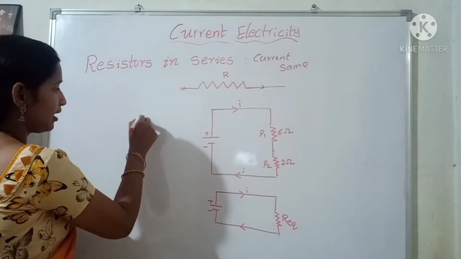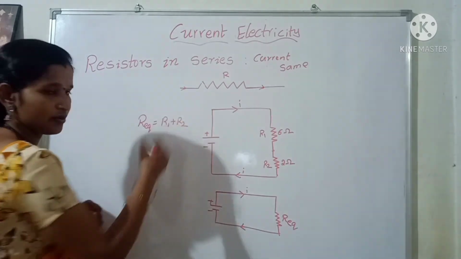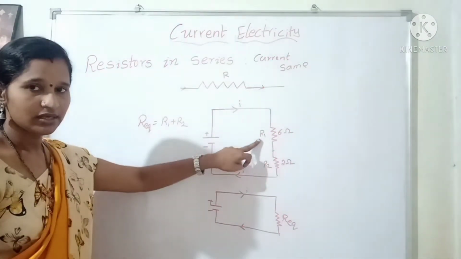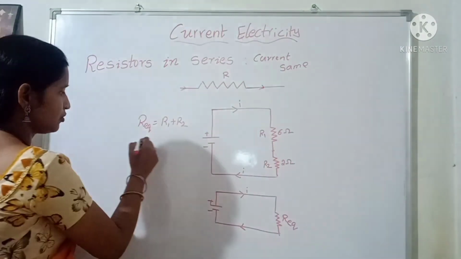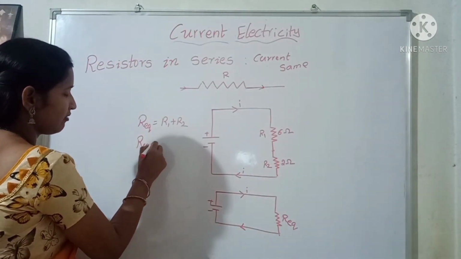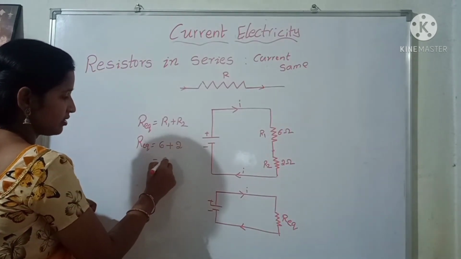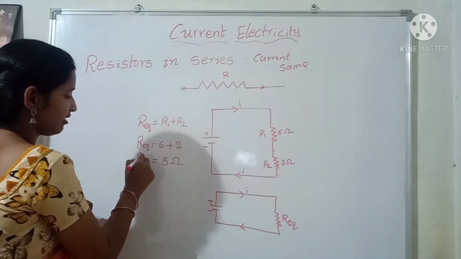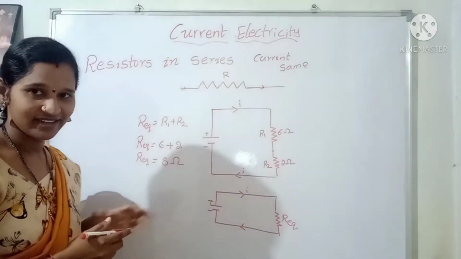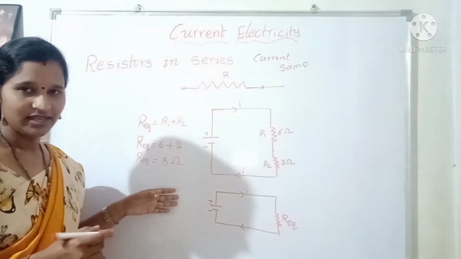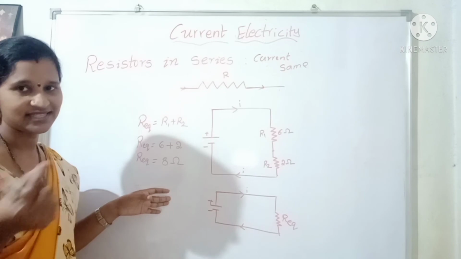You know the formula, R equivalent equals R1 plus R2. R1 is given as 6 ohms and R2 is 2 ohms. So R equivalent equals 6 plus 2, which is 8 ohms. This is a very easy sum. In series, simply add all the resistors.